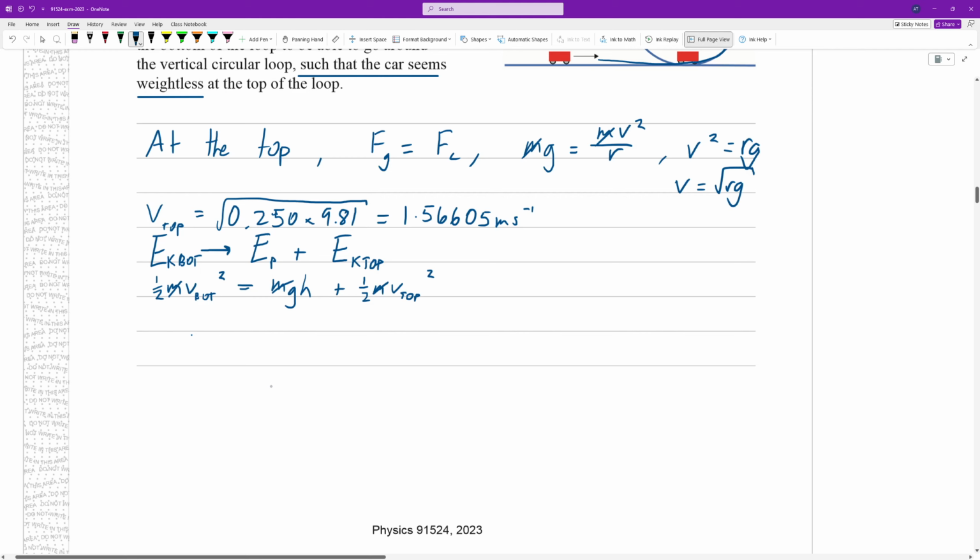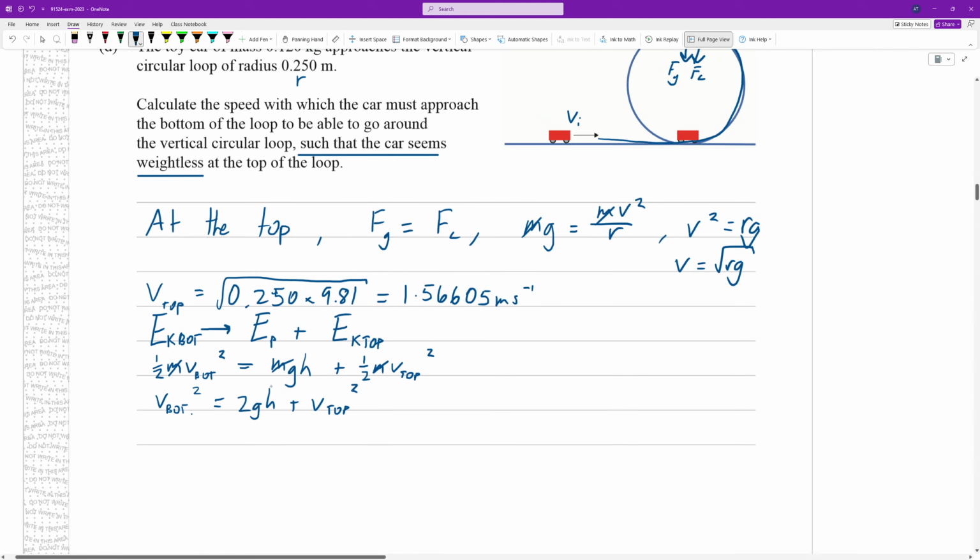I could times everything by 2, so v bot squared. So timesing by 2 gets rid of this half, but now we have 2gh. 2 times half is 1, so gets rid of that, v top squared. And we are solving for the speed at which it must approach the bottom.